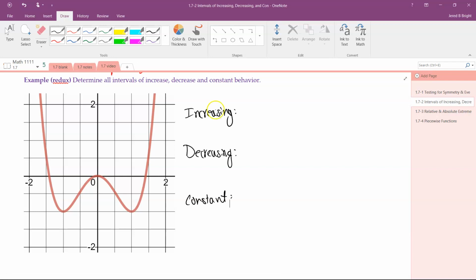Okay, and so increasing, we might identify that as this chunk, right? As we go from left to right, we're rising vertically, and this chunk. So I would say it's increasing on, and again, we always use parentheses, and we don't use brackets, because we're talking about these as intervals.